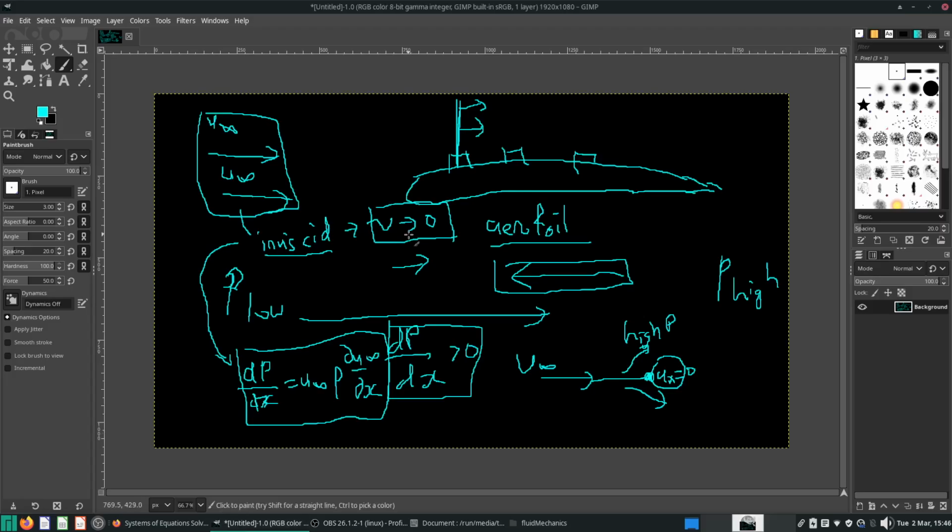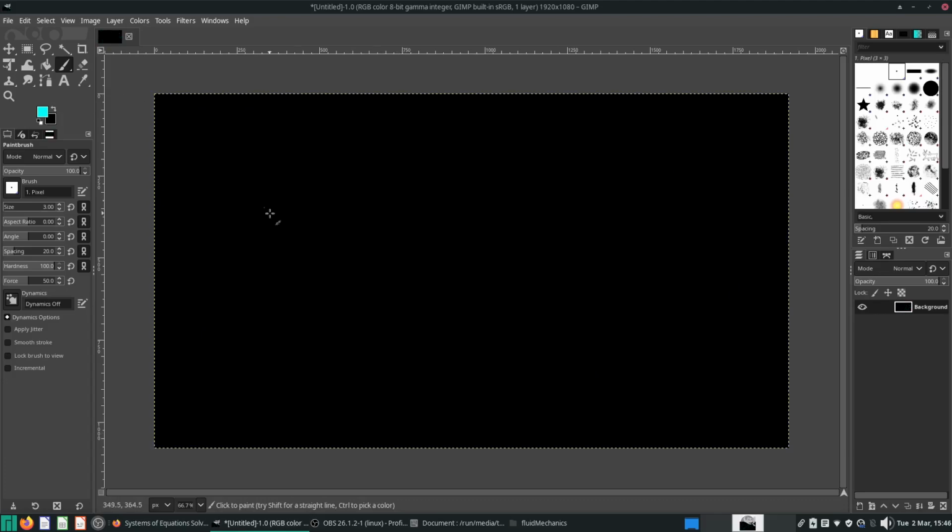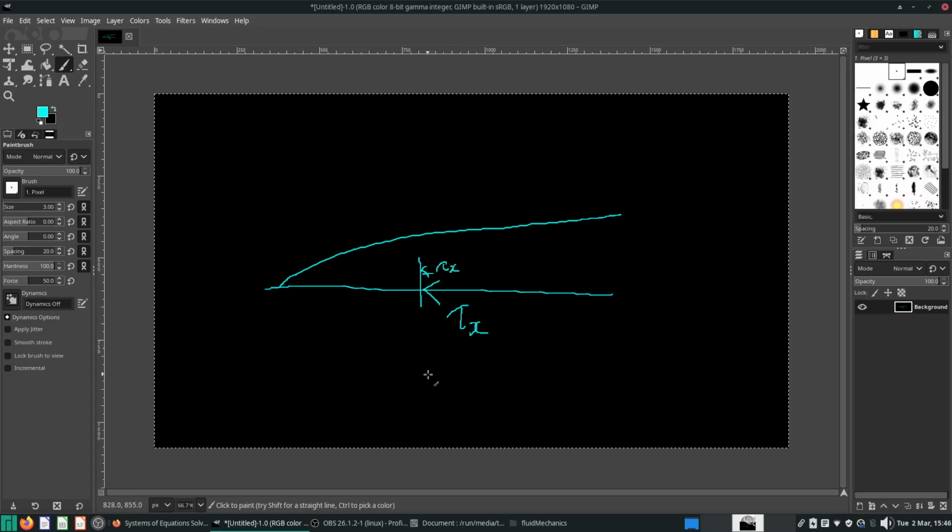Let's use this as a visual. There's tau x going here, and then this is your boundary layer, right? Tau x at the wall and tau x slightly away from the wall is pretty much the same. After that, you can change it a bit.